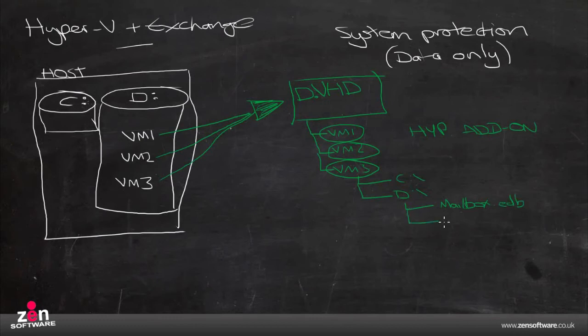The Exchange EDB file is the database that contains the mailbox data, and there may well be another Exchange EDB file for, say, public folder data. That's a typical setup. Now we could restore just that file and put Exchange back in time to a few days ago, but that's not necessarily ideal if all we want to do is restore some missing data.